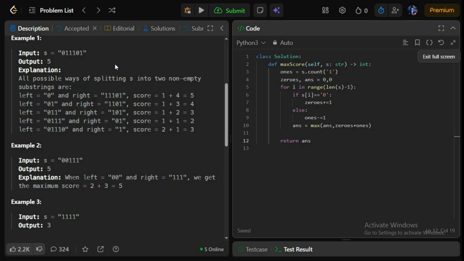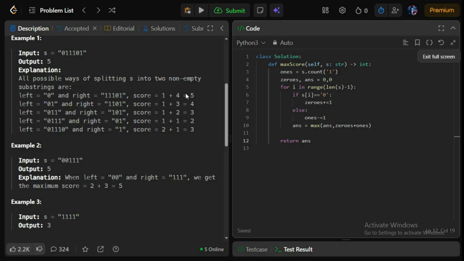Now in ones we have 4, and in my zeros and answer variables I have 0. After that I run a loop in which, if I get 0, I increment zeros by 1, and if I get 1, I decrement ones. And in answer, I put the maximum of answer and zeros plus ones.